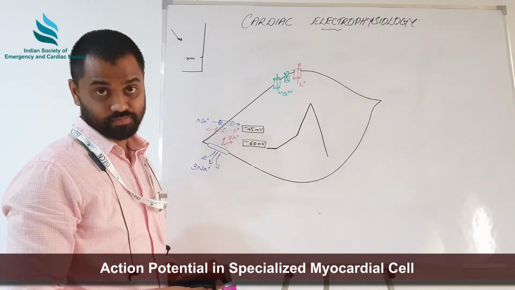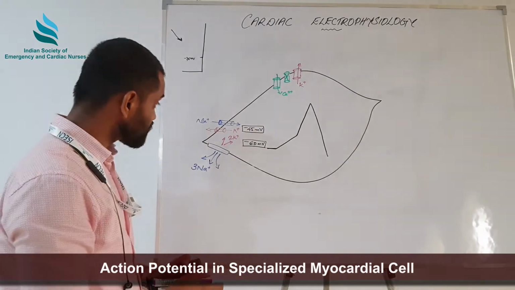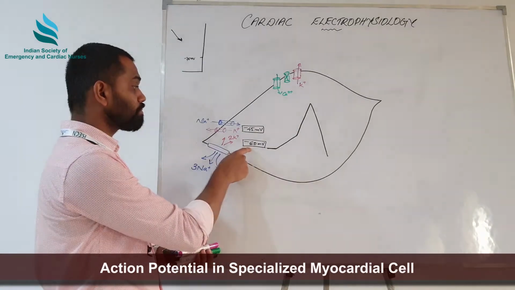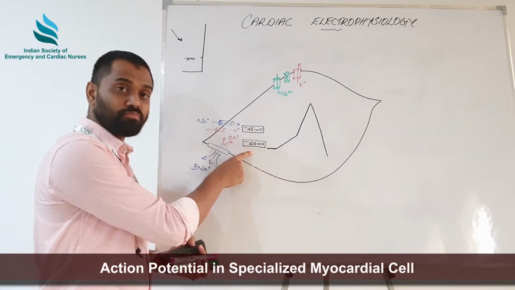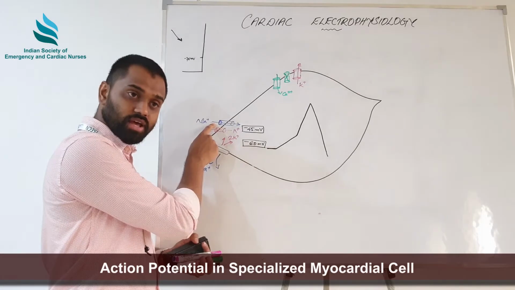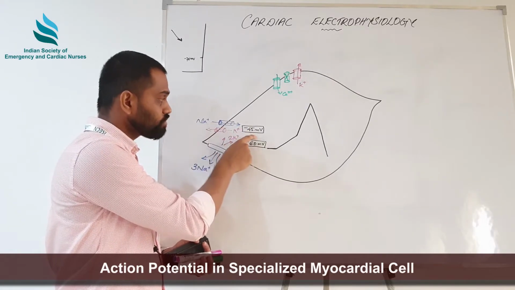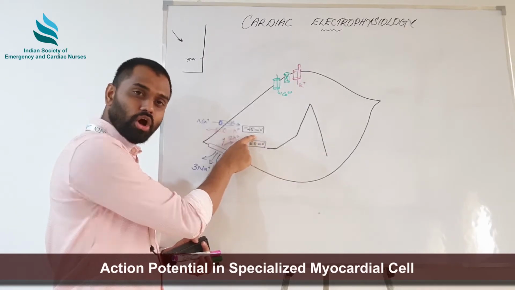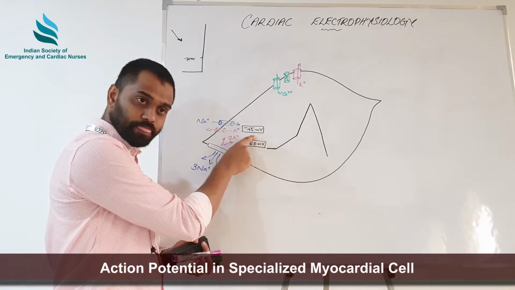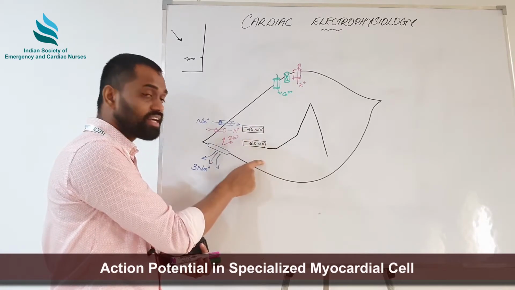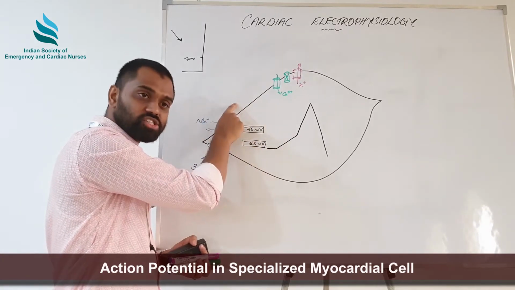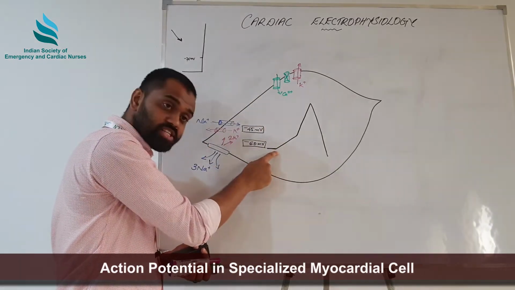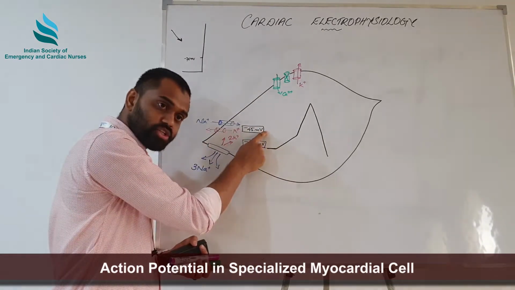So the differences, as we observed: resting membrane potential was minus 60, it was not minus 90, because of the leaky sodium channel. Threshold potential was minus 45, it was not minus 70. And this cell does not require an external stimulus to take it from resting membrane potential to threshold potential.